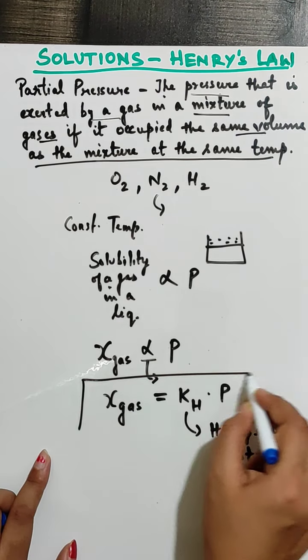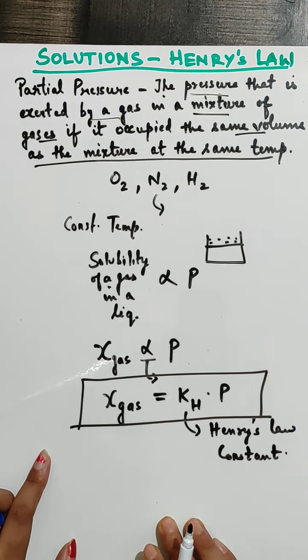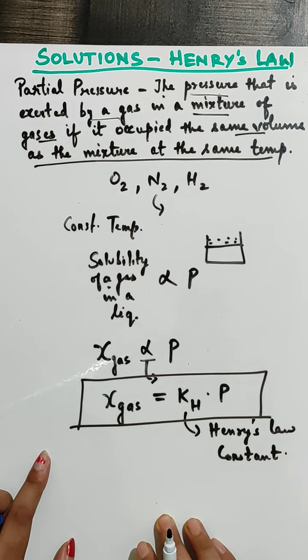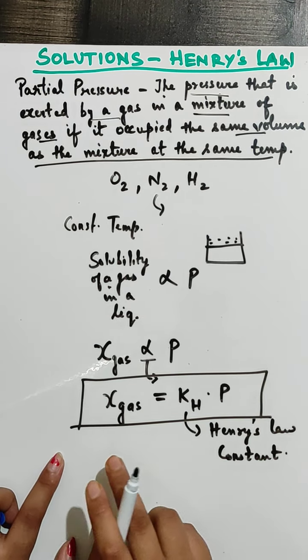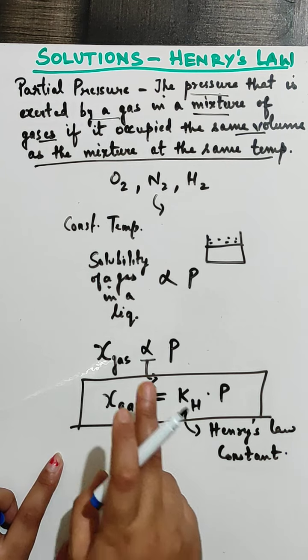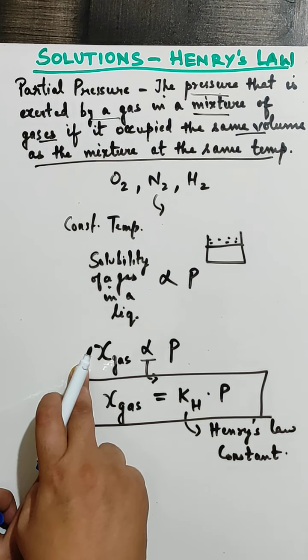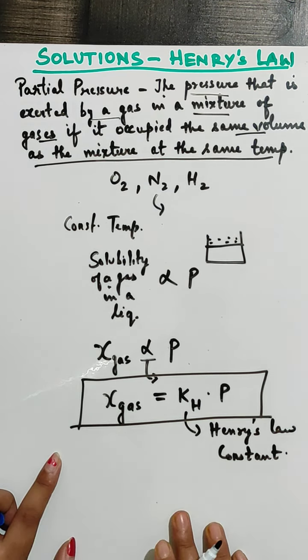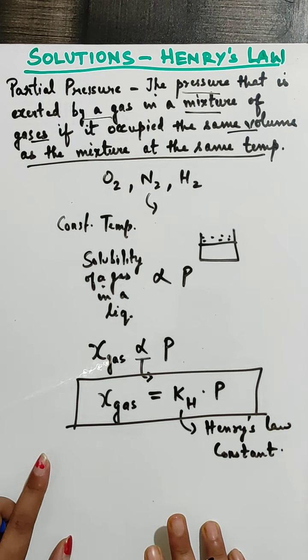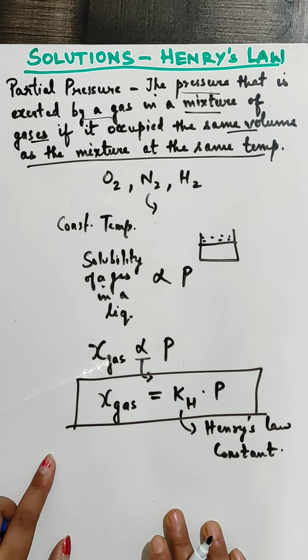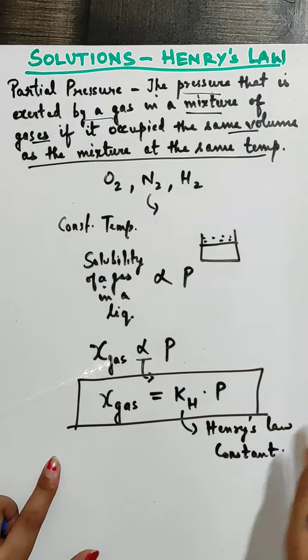So according to Dalton and according to Henry, the partial pressure of the gas in vapor phase is proportional to the mole fraction of the gas, okay. So this was all about Henry's law. Now let's have a graphical representation, okay.